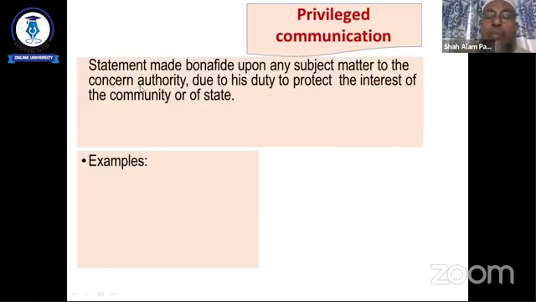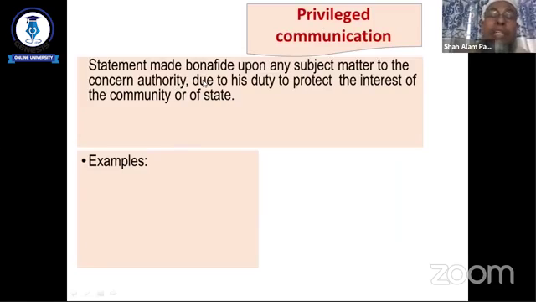It is the doctor's duty to protect the interest of the community or of the state. That is privileged communication. Only the concerned authority can be informed, not anyone other than the concerned authority.